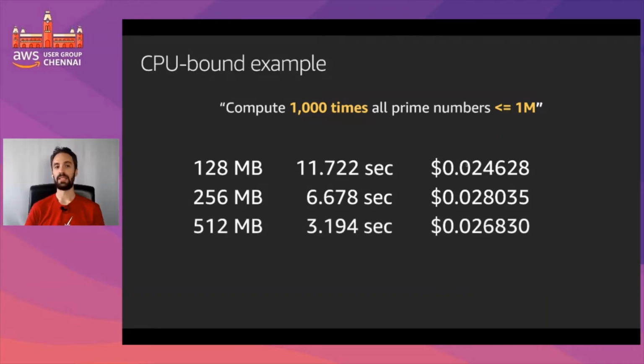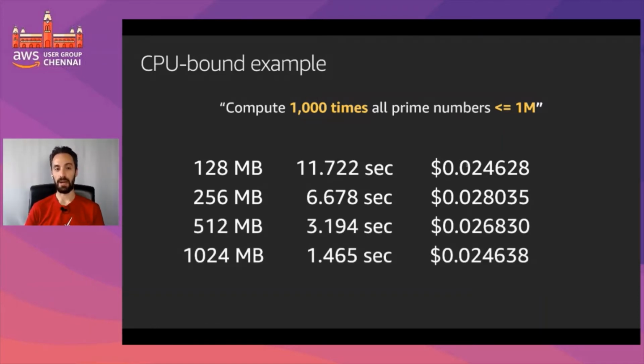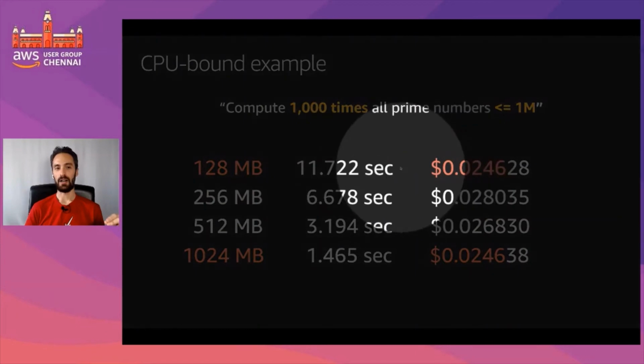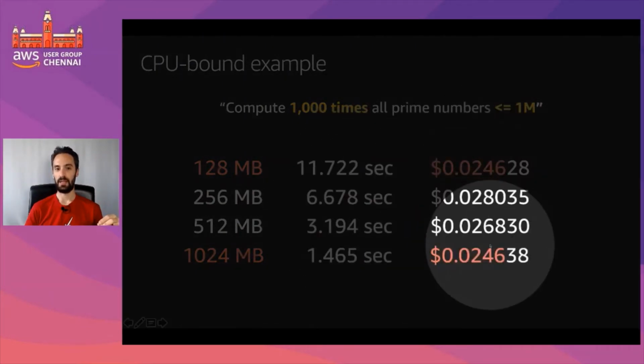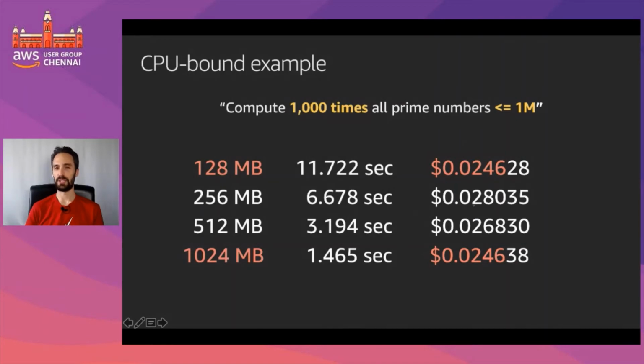If you keep doubling the power, what happens at about 1 gigabyte is that we are 10 times faster, and we are paying almost the same, plus or minus $0.00001. So can you afford $0.00001 to be 10 times faster?